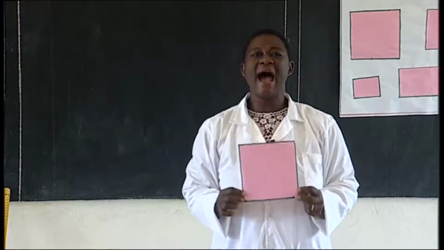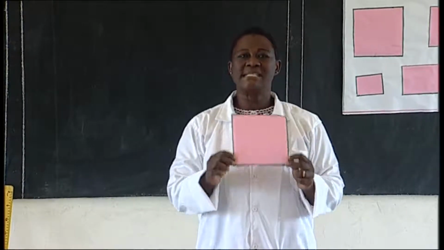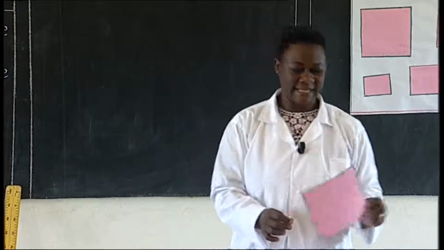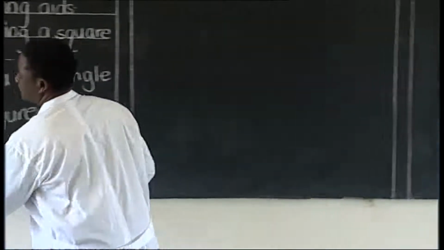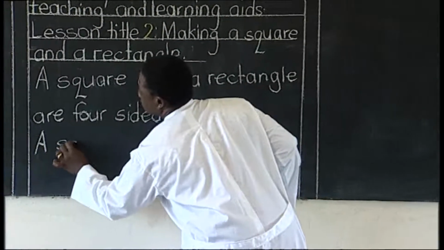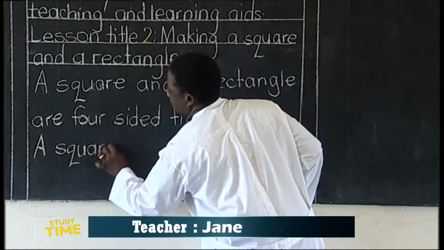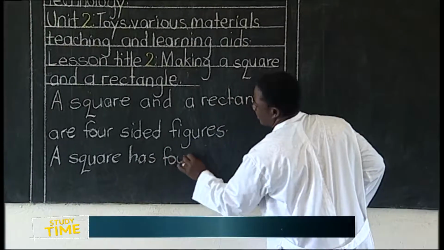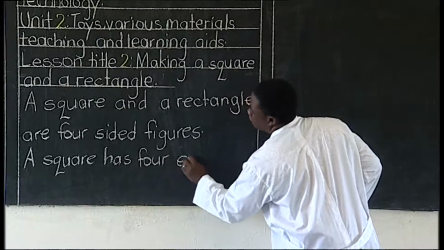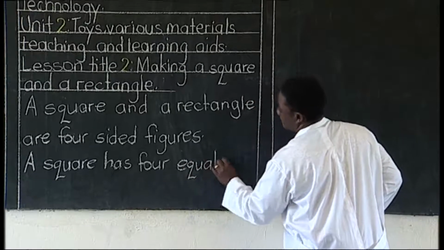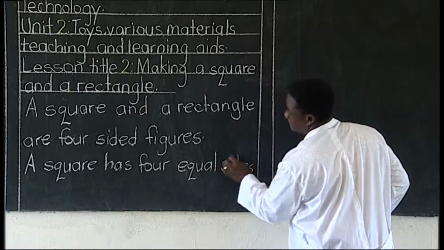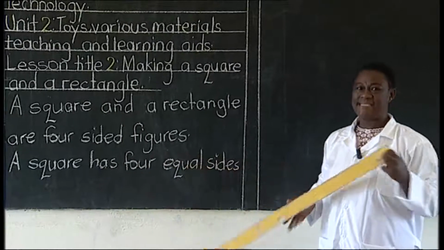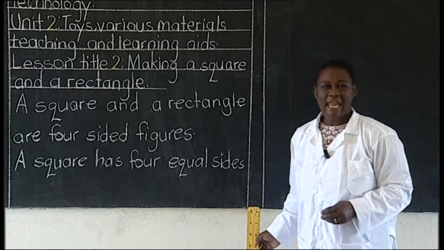So a square has four equal sides. All the sides are equal.